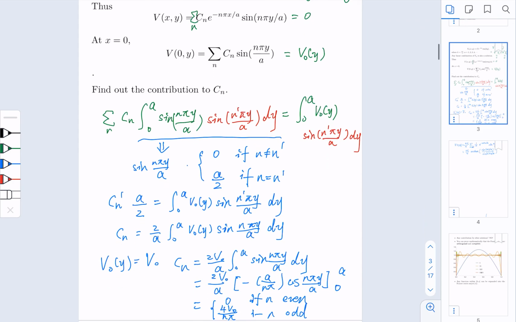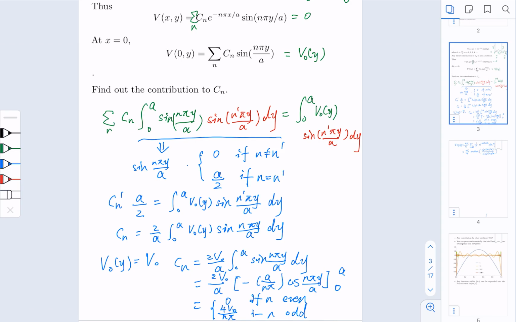So here this trick, by integrating from 0 to a in the region of interest, and adding an additional sine n prime pi y over a term, is a trick that helps you calculate this Cn index.